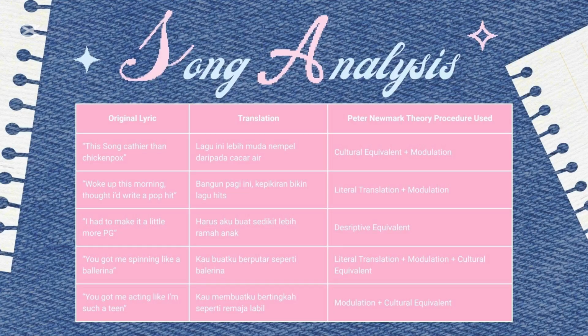Because the literal meaning of acting like I'm such a teen would be "bertindak seperti remaja," but that might lack the nuance, such as flirty, playful, exaggeration. The translator modulates the phrase and adds the words "remaja labil," emotionally unstable teen, as a cultural equivalent to capture the playful, dramatic tone common in teenager behavior.